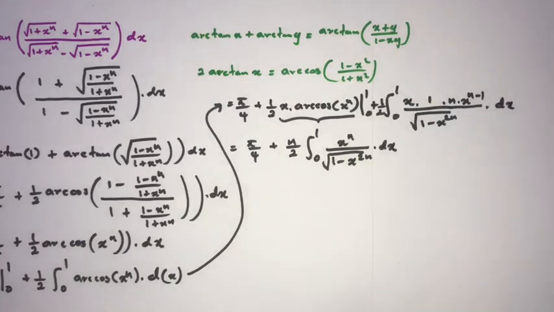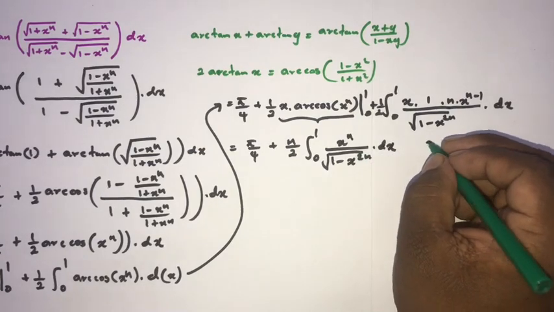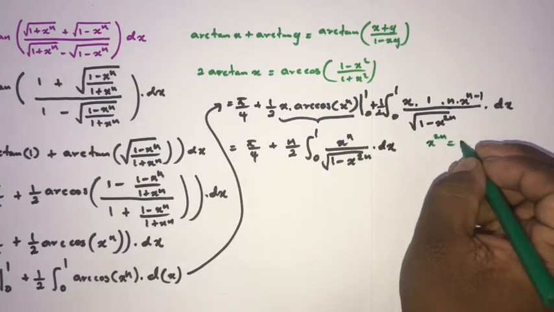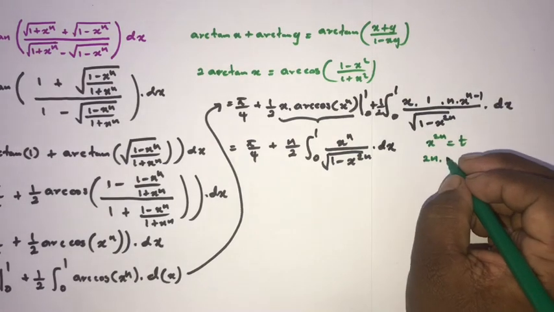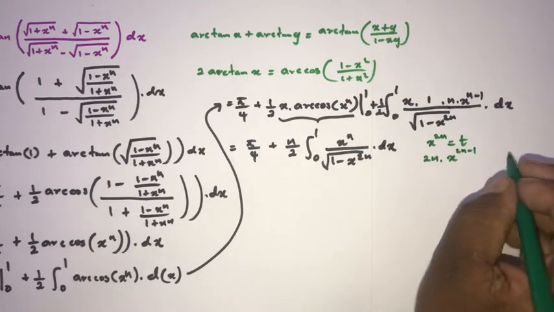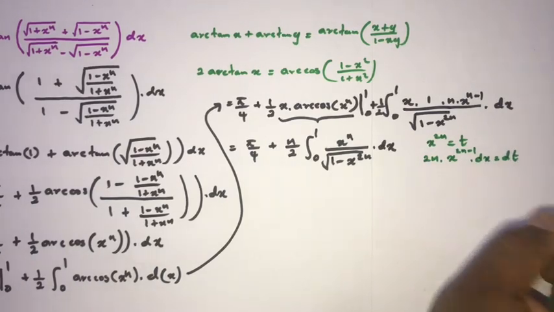dx. Okay, now to evaluate this integral, I am going to take a substitution. So if we take x to the 2n, so x raised to the 2n is equal to t. Now differentiate, so 2n times x to the 2n minus 1 dx is equal to dt.